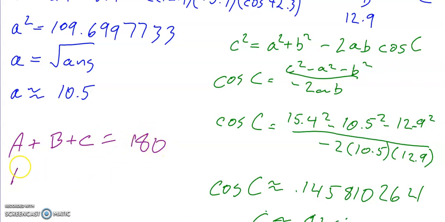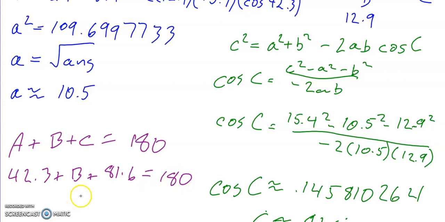We know A is 42.3. B is what I'm looking for. We just figured out that C was 81.6. We do our algebra, and we find out that B is about 56 degrees.